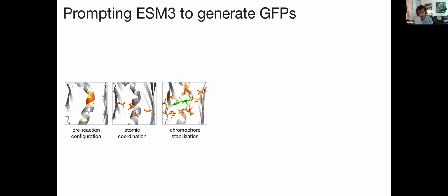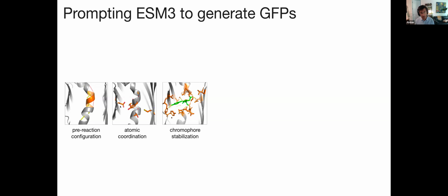But beyond that, we thought that GFP was actually a very difficult mechanism to go after because the underlying physical mechanism for GFP is very unique. The way GFP actually functions is that you have this alpha helix configuration, which is in the stable pre-reaction configuration state of GFP.